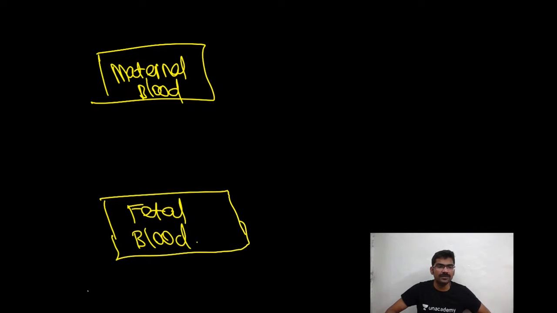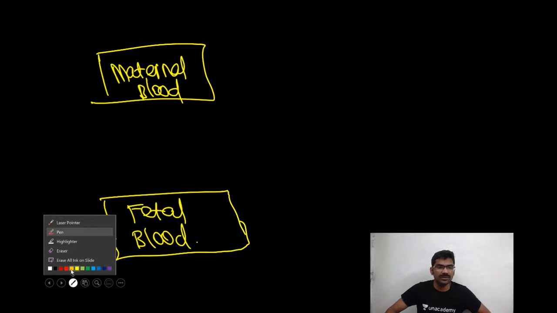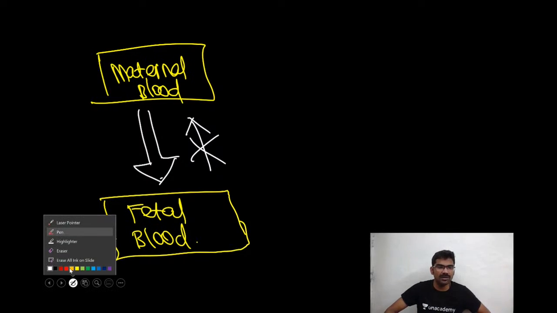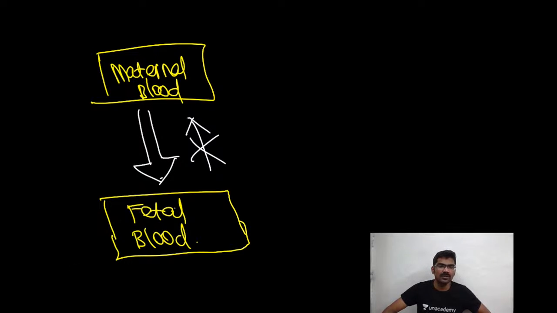The oxygen is transferred from the maternal blood to fetal blood, not in the reverse direction. Why? It is because of this reason only. In maternal blood, you have adult hemoglobin. In fetal blood, you have HbF.